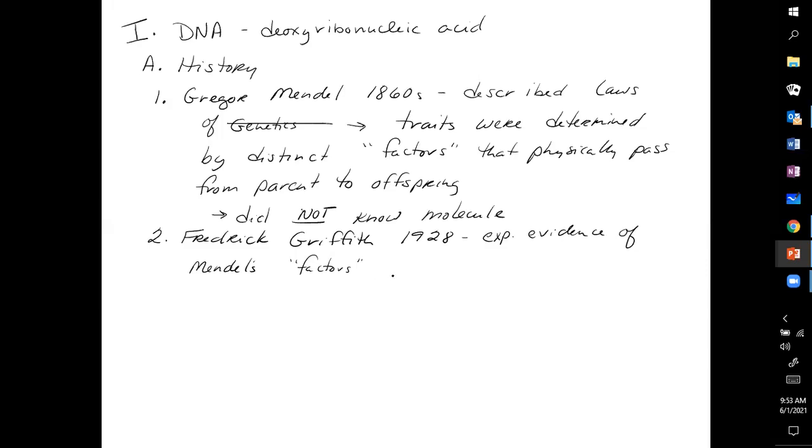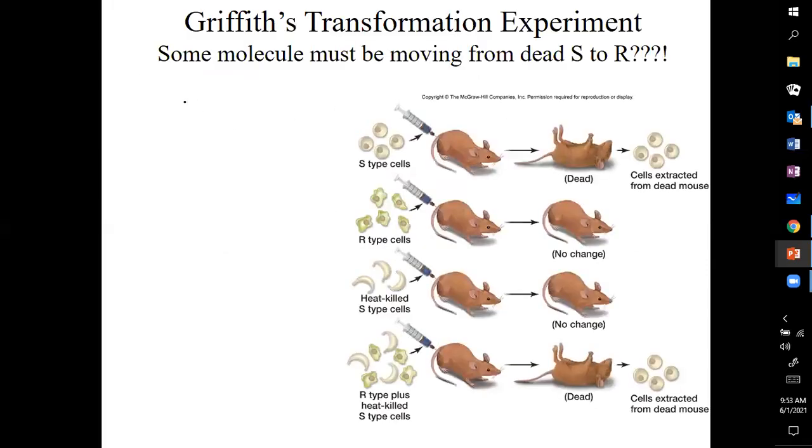So how did he do that? We'll go through his experiment now. So he did what is called a transformation experiment. So in his experiment, he did a transformation, which is changing the traits.